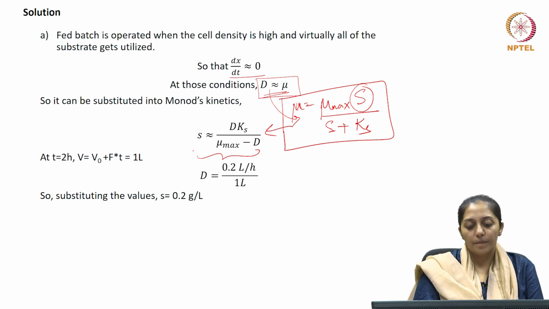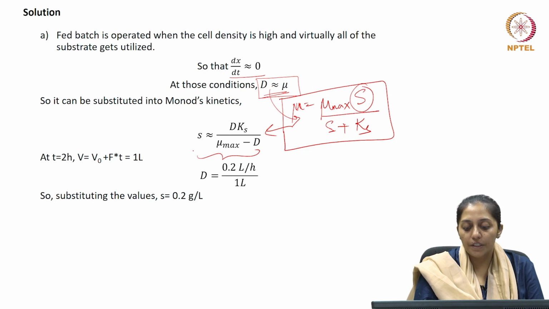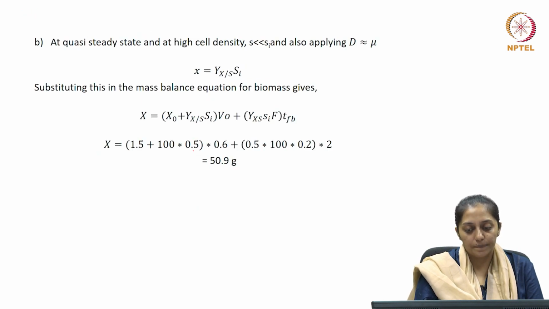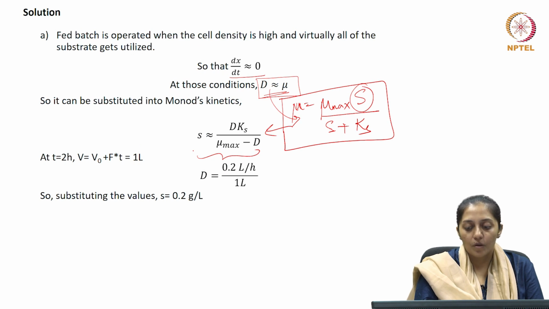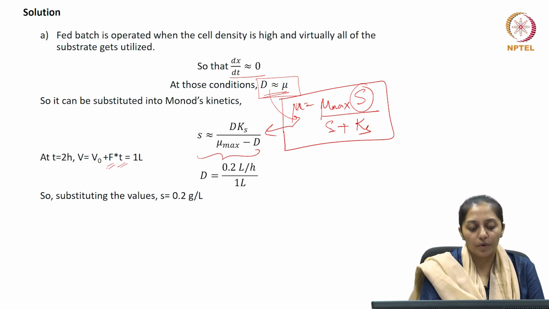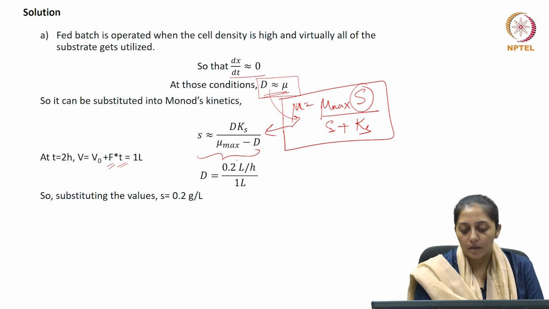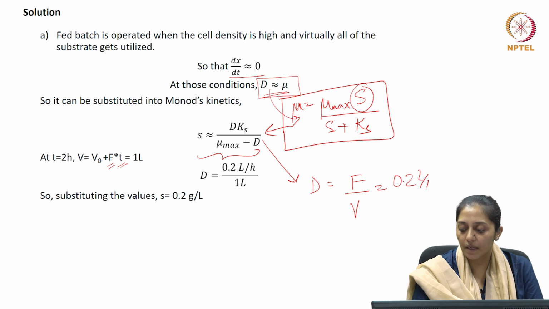it is said that at t equals 2 hours, we need to determine the concentration. So, given the initial volume, the time of 2 hours and the volumetric flow rate, we can find the final volume. We know that in this equation the dilution rate is equal to F by V. F is given to us as 0.2 liter per hour.